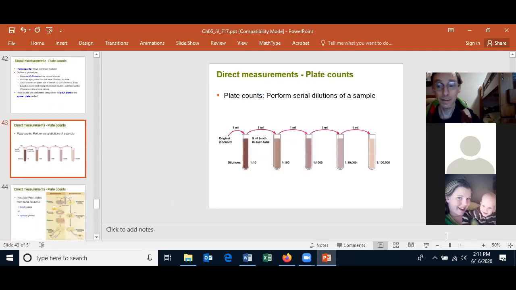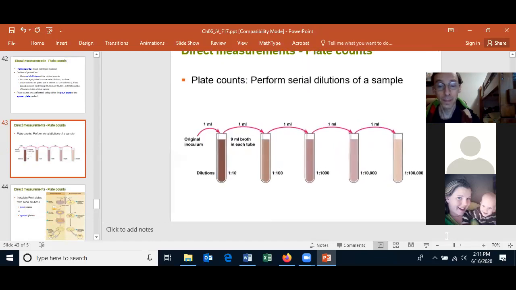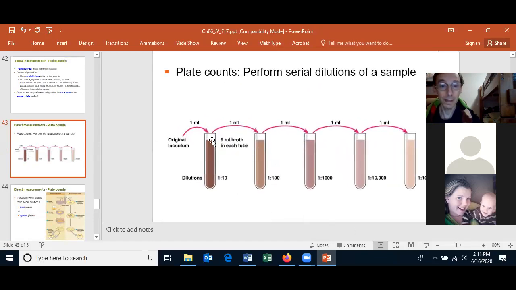So how you make a serial dilution is illustrated in this slide. You have 9 mils of broth in each of these two, and from your initial solution you put 1 mil in here, and now you have a dilution of 1 to 10.